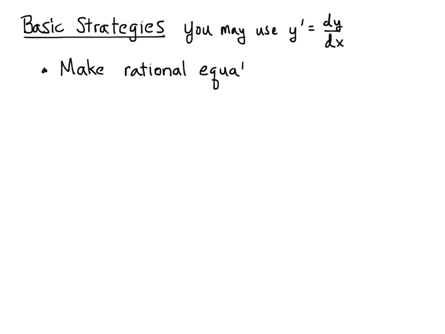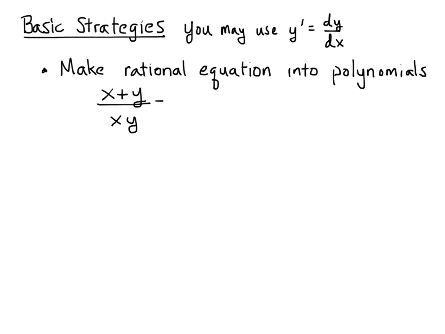Okay, so if you start with a rational equation, put it into the form of a polynomial. What I mean by that is, if you have something like this, it's possible to do this implicitly, and you would end up using the quotient rule with the product rule with the chain rule. So if you multiply both sides by x over y, you get something that looks a little bit more like a polynomial.